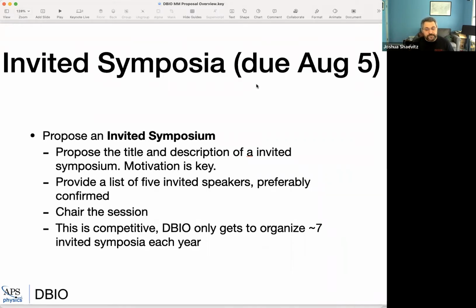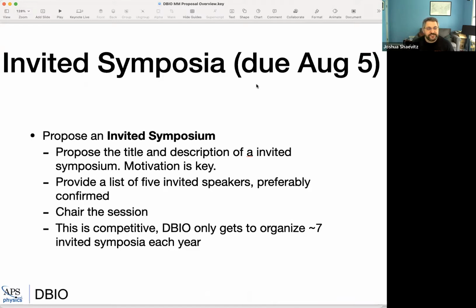So if there are many proposals, which I hope there will be, please put in great proposals. We will choose 7. We will consider breadth of topic, breadth of speakers, diversity, all of these sorts of things, and we'll have to choose 7. If you don't get chosen this year, you should put it back in next year, make it really current.